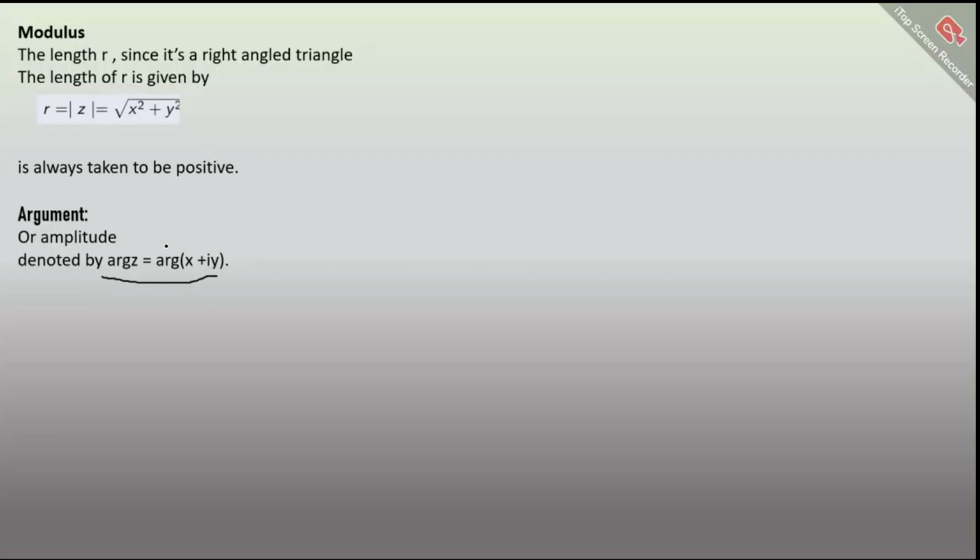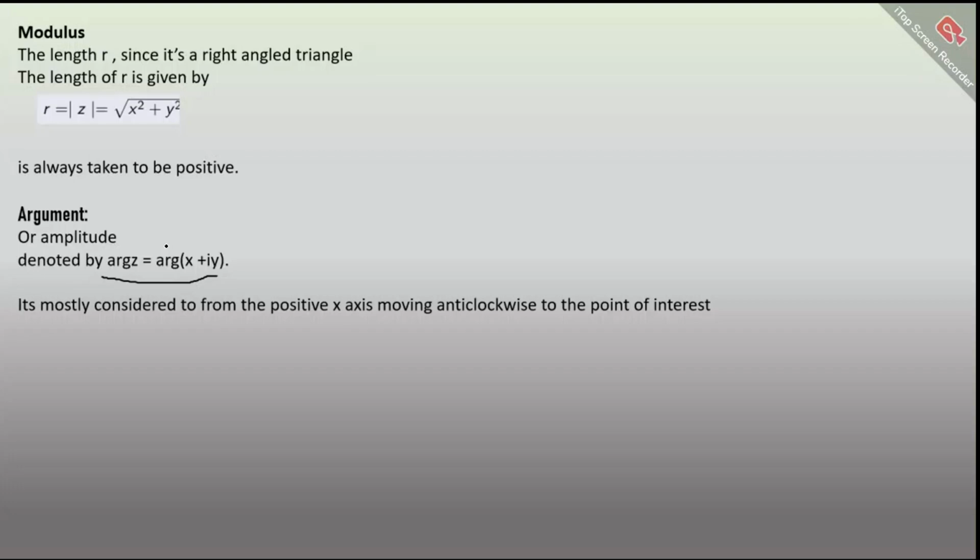It actually differs depending on the quadrant you're talking about. You're supposed to move from the positive x-axis anticlockwise to the point of interest. When you are finding the argument, it's better first of all you find alpha, the reference angle. Then you go on finding the argument.